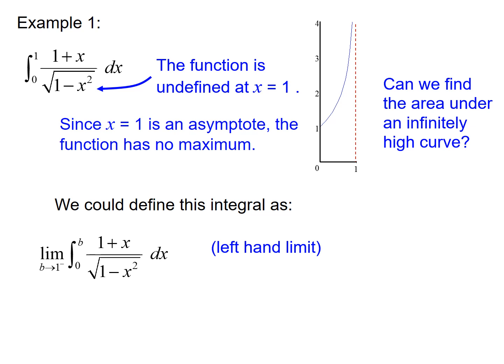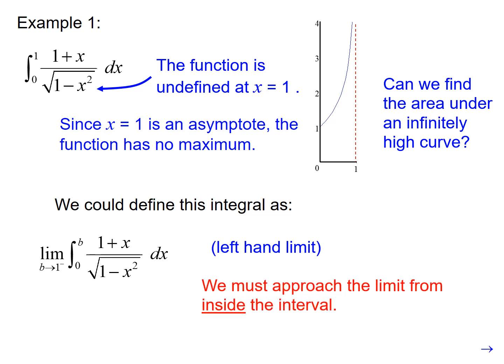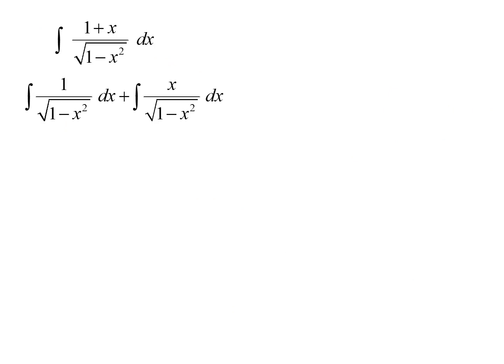So we can go through taking the antiderivative, and it might be useful to do some of this work, taking the antiderivative, a little separate from the limits of integration, and then once you've found your antiderivative, go back to putting the limits on. Okay, so we have 1 plus x in the numerator, so we can split this into two fractions, 1 over root 1 minus x squared and x over root 1 minus x squared.